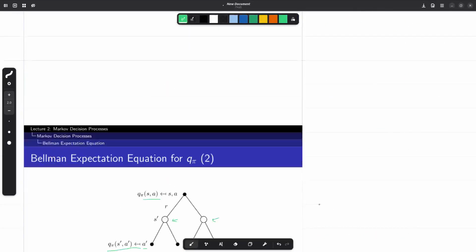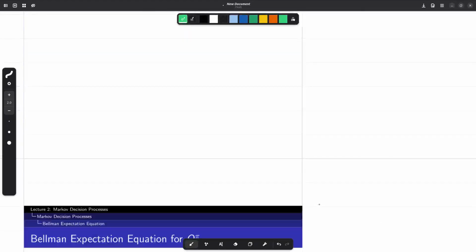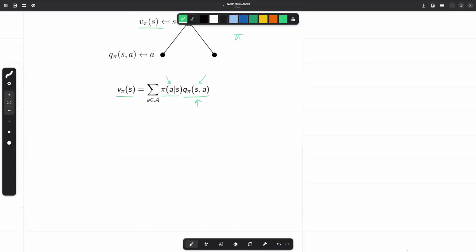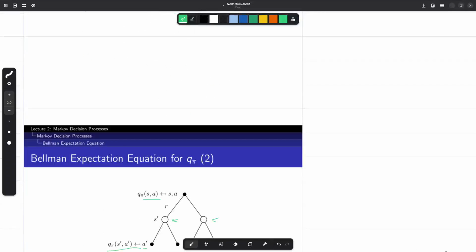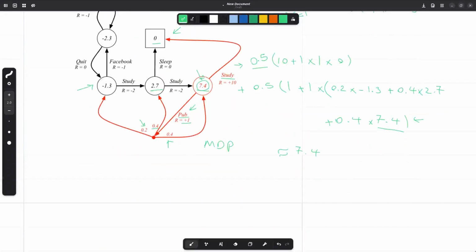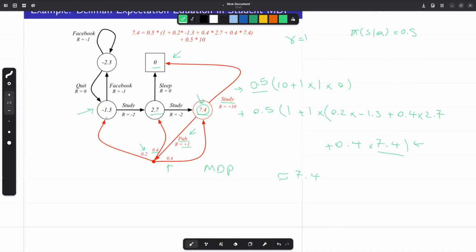Okay, let's have another example. Here I want to calculate this minus 1.3. So again, we have two actions.